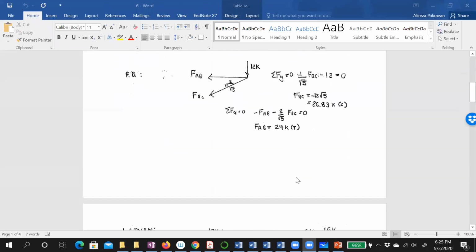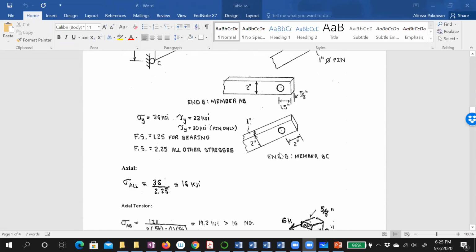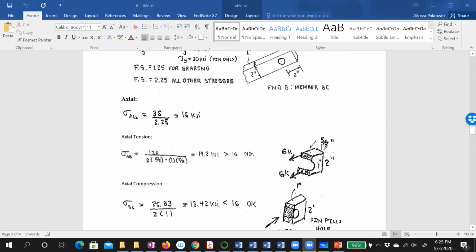Okay, one page, I think so. Here, I will send you this handout with the solution. You don't need to write. So, this is the cross section for AB, 12 divided by, now just these pieces contribute to the stress.